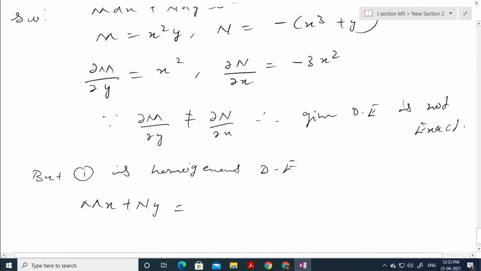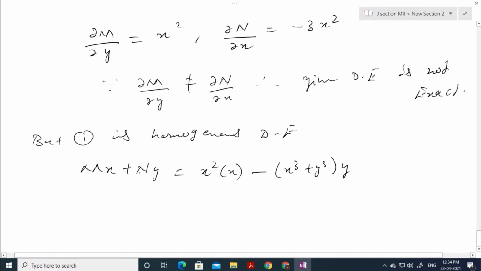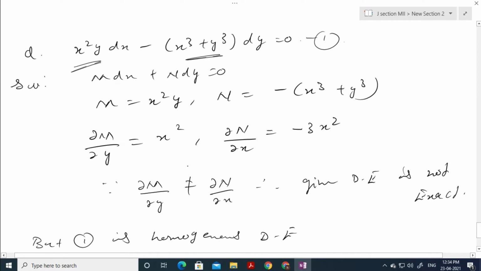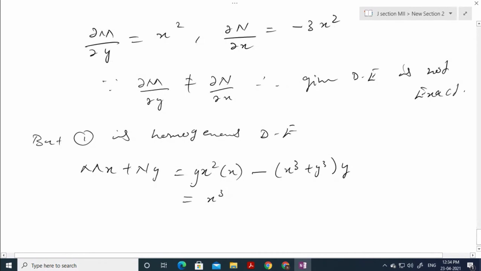What is M? x square y into x. Plus what is N? It is minus (x cube plus y cube) into y. Simplify this. You will get x cube y minus x cube y minus y to the power 4.